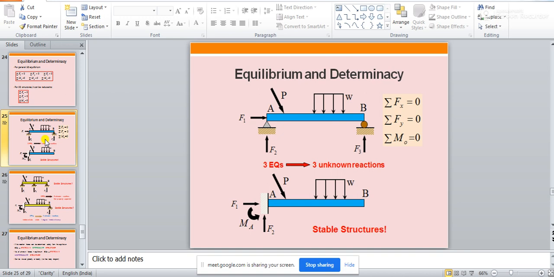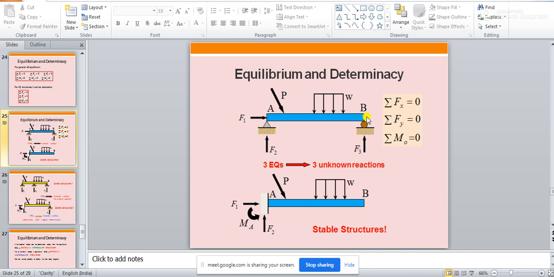For this kind of structure, there is a pin support and a roller support. How many reaction components may come? Because this load is acting in the inclined direction, there will be some horizontal reaction force at the pin support.